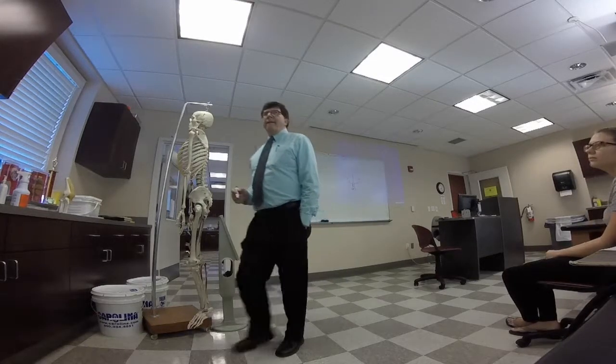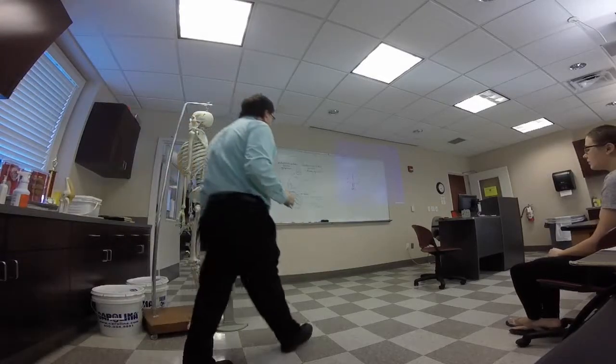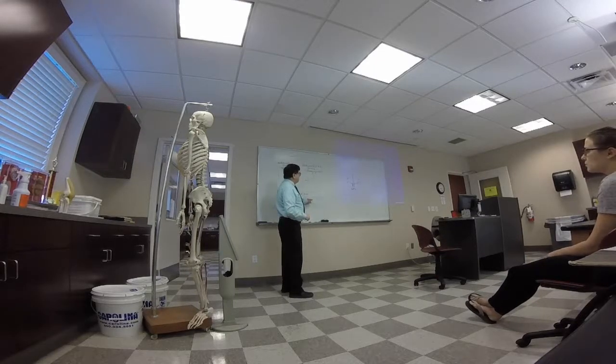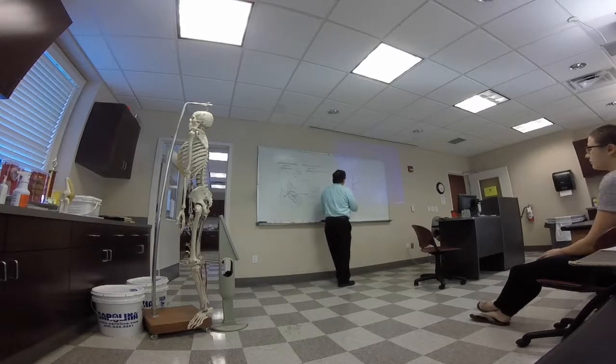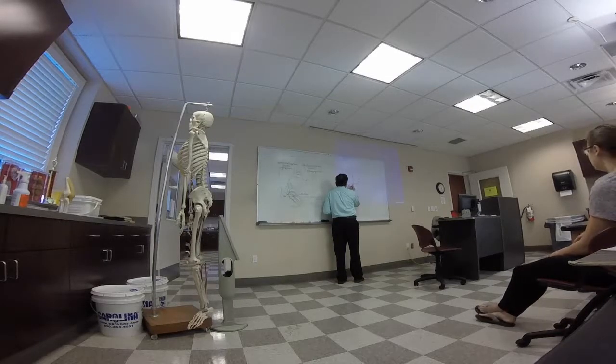Now, if you slow down conduction through the AV, or let's say you accelerate conduction through the AV node, you increase conduction velocity, that's going to impact this little time interval from the onset of the P to the onset of the QRS. This is called the PR interval.